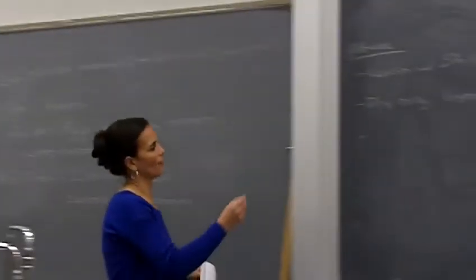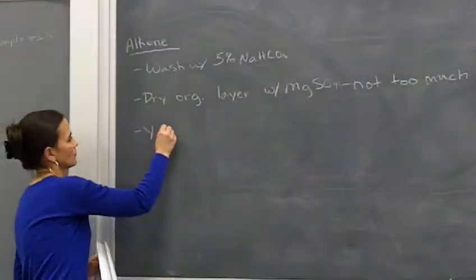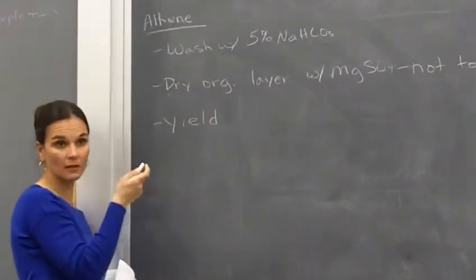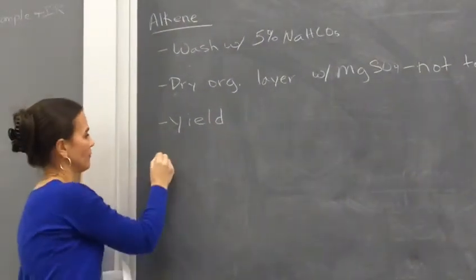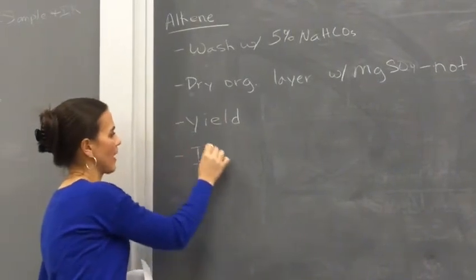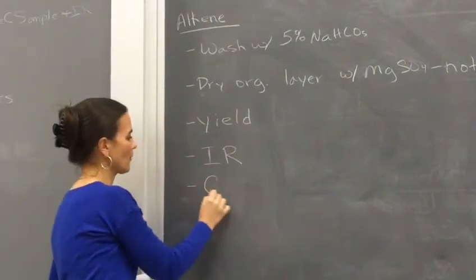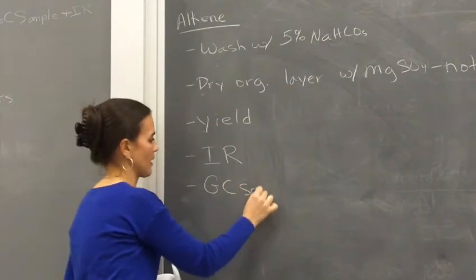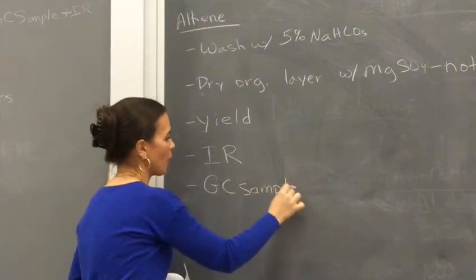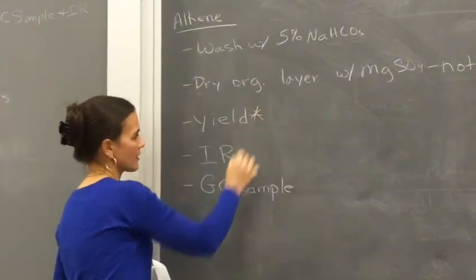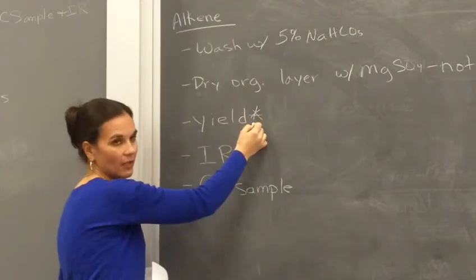So for the alkene, just like we needed for our alcohol, we'll need the yield, okay? You will need to collect an IR spectrum, and you will need to prepare a GC sample. For both of these, the big thing this week is we have to have the yield.